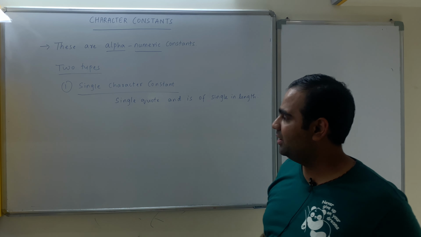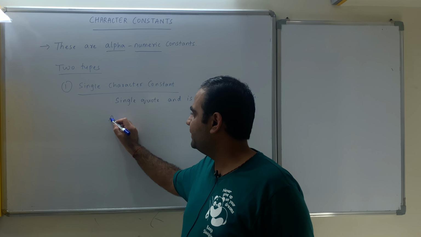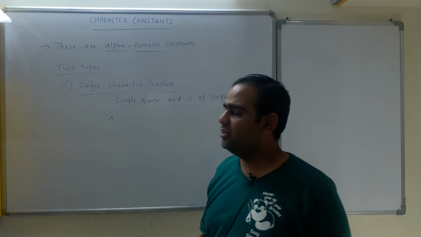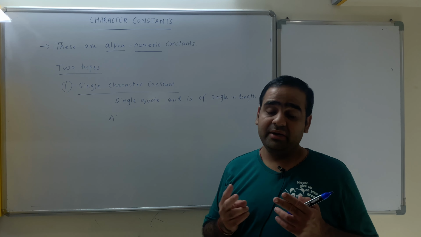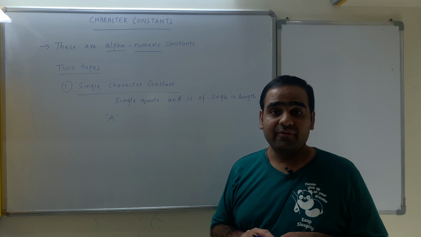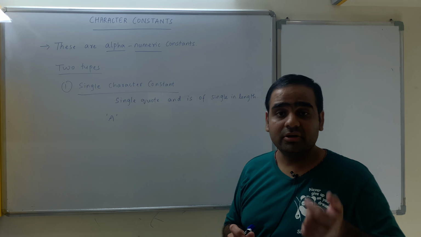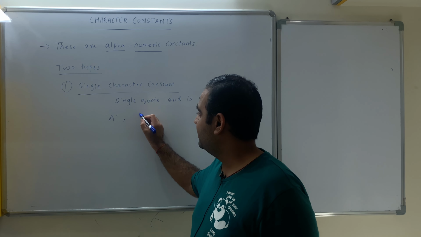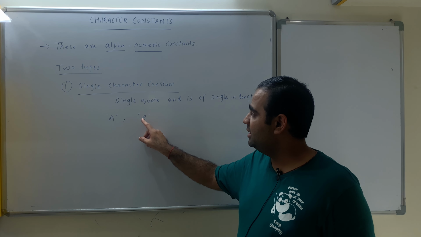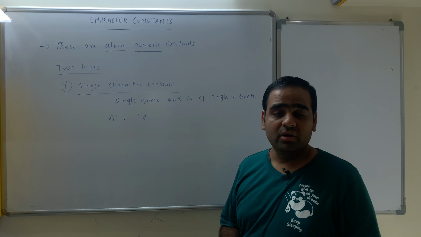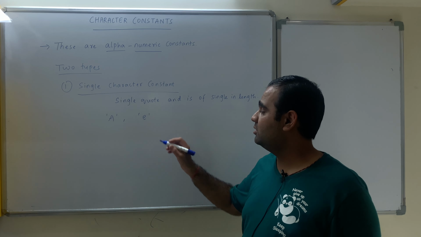Say for example, we write A. If you write this A in single quote, this A is single in length and it is written in single quote, therefore it is a single character constant. You may write lowercase e. This e is single in length and is written in single quote, therefore it is a single character constant.